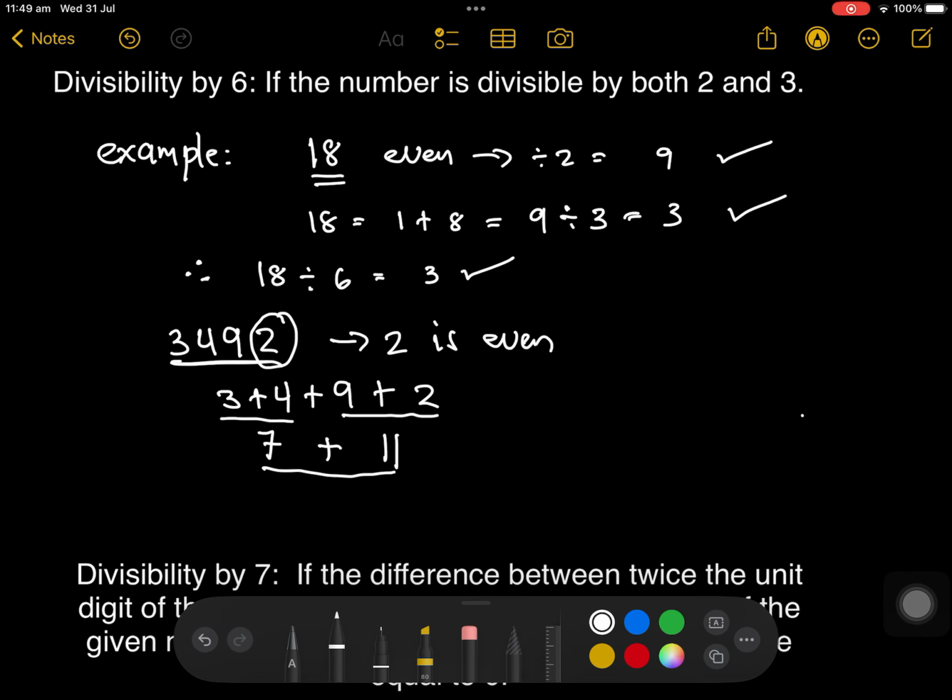Then 7 plus 11 is 18. So 18 is divisible by 3, right? Which is 6. So from those rules, we can conclude that 3,492 is divisible by 6.